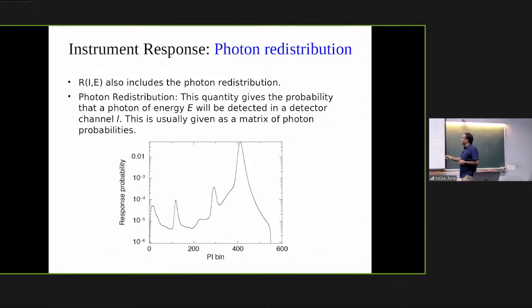And then there is a low energy tail, which essentially tells us that for some reason in the detector, we are not able to collect all the charges produced by the photons. Charges are somehow lost.